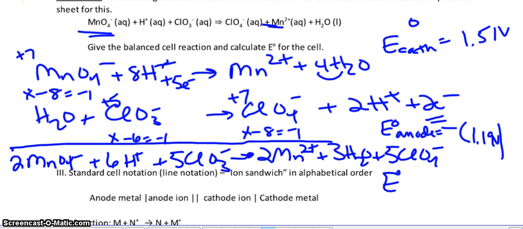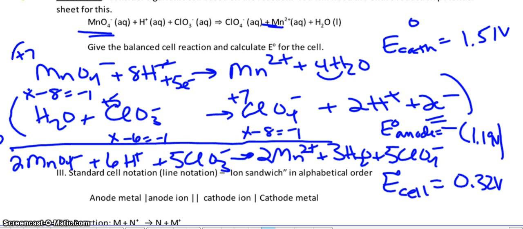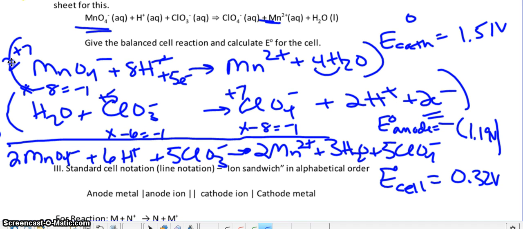The E for the cell ends up being 0.32 volts. How did I do that? I had to multiply this by 5, and I had to multiply this by 2, for the electrons to balance out.